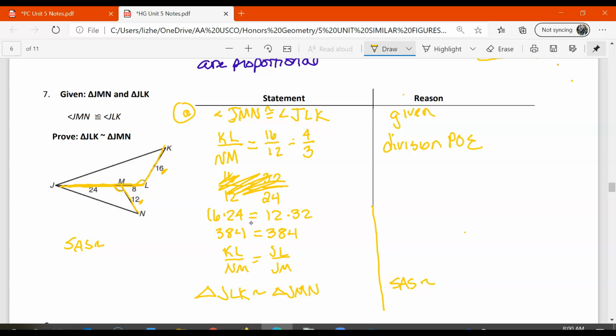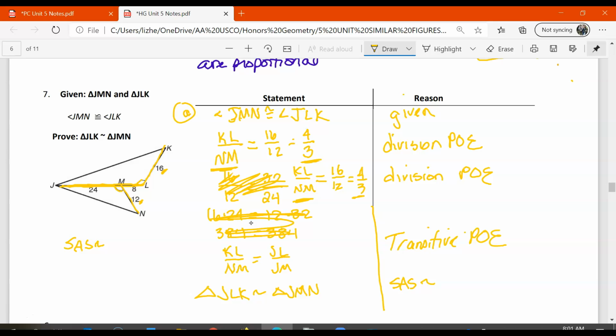I'm going to say instead that KL over NM is going to equal 16 over 12, which is, again, 4 over 3, which is division property of equality. And then finally, I can say that these two are equal, because if this equals this and this equals that, that's the transitive property of equality. And so there's my sides and my side.